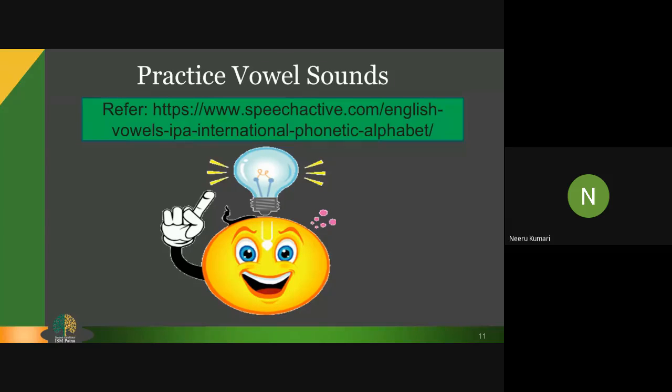A, A, A. Similarly, E can be produced in two ways. E, E, O, U. So there are different ways of pronouncing the same letter.